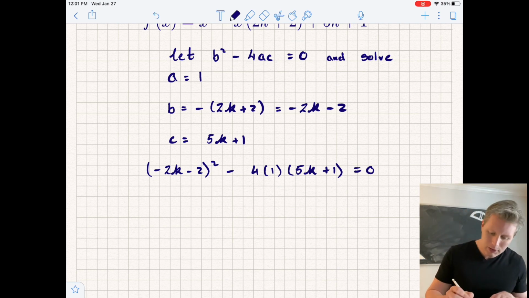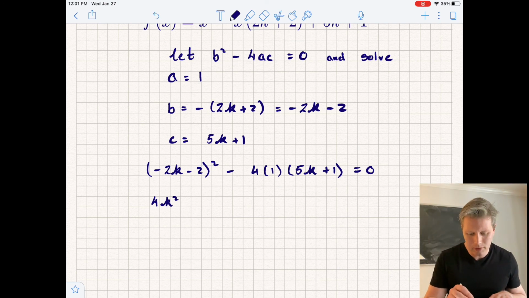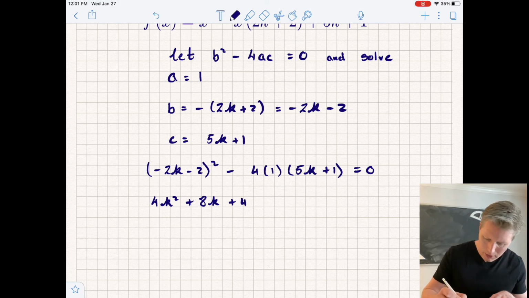All right, so negative 2k minus 2 squared. Squaring that, square the first term, I will get 4k squared. Multiply the two terms together and double it, that will give me plus 4k times 2, which is plus 8k. And then squaring the last term, negative 2 squared is positive 4.